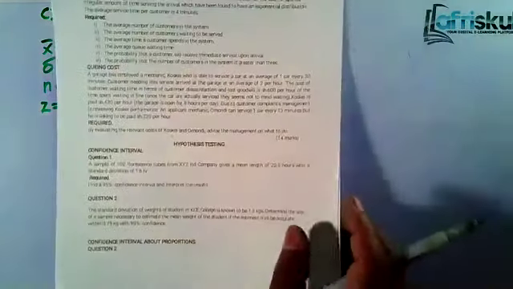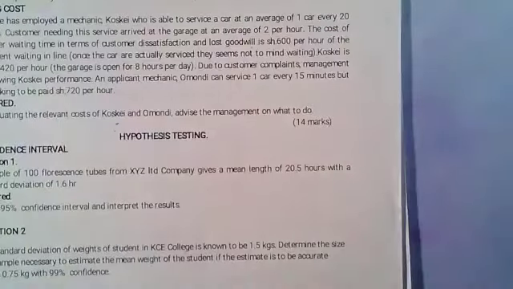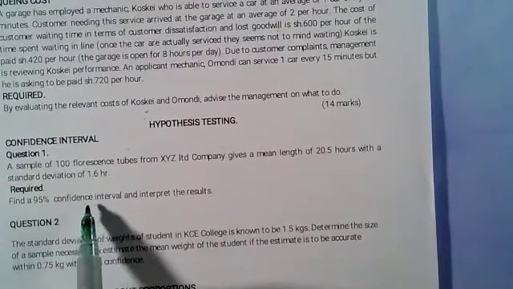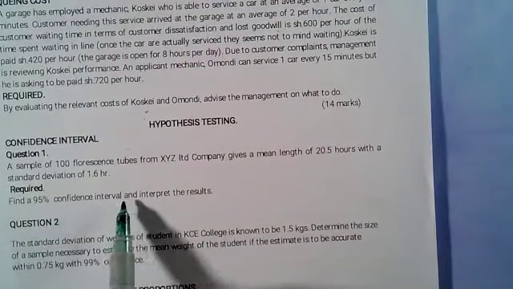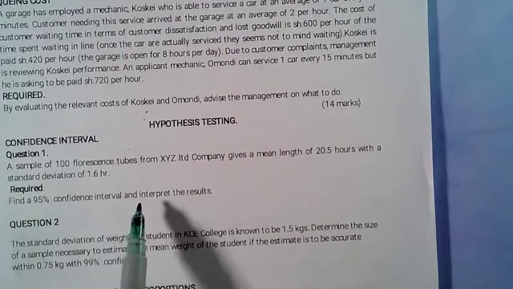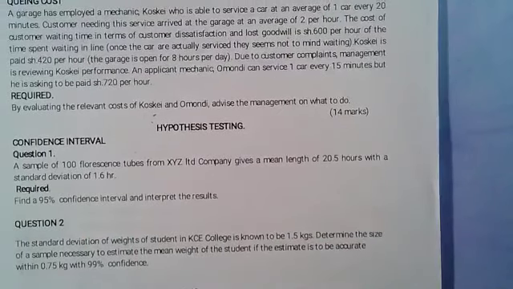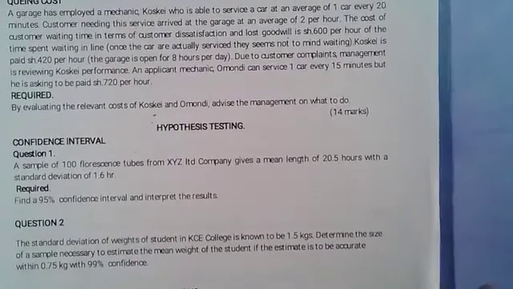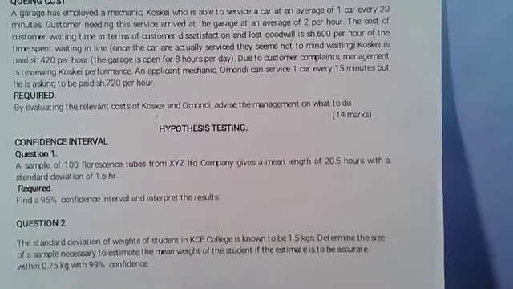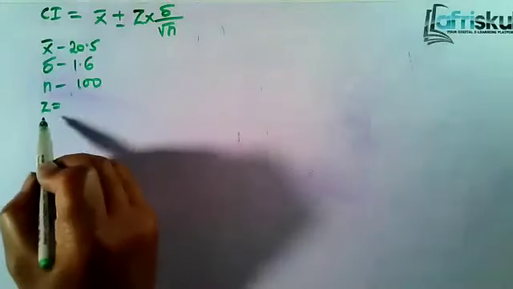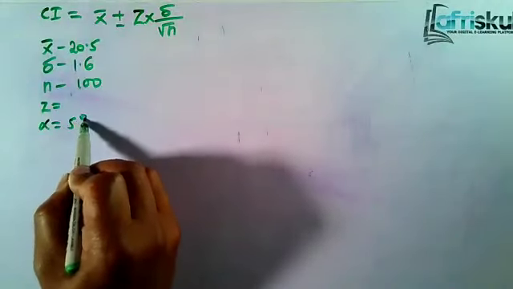Find a 95% confidence interval and interpret the result. If you're told to get a 95% confidence interval, that means our significance level is 5%.